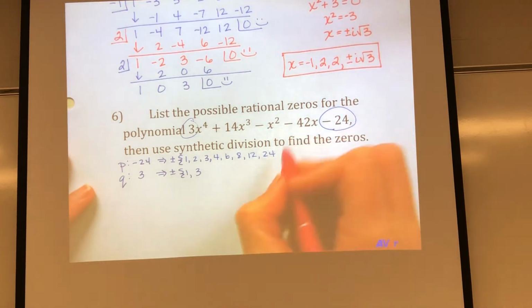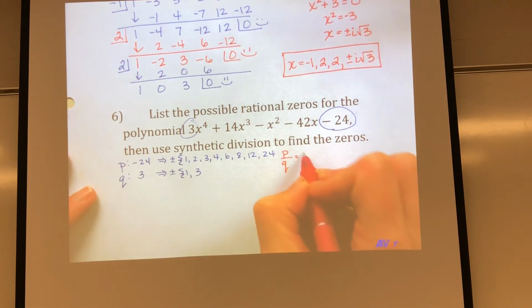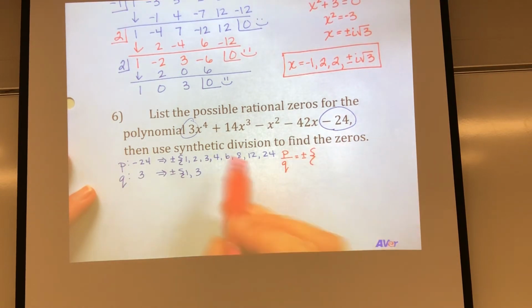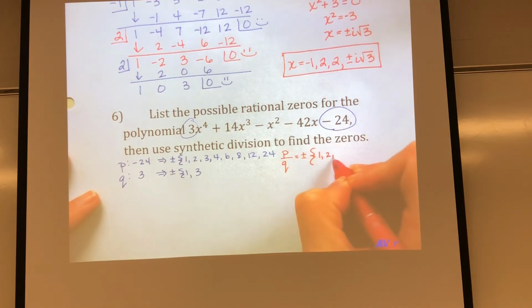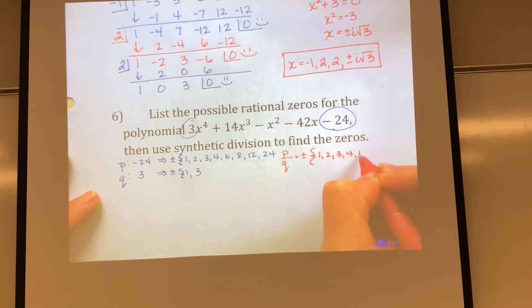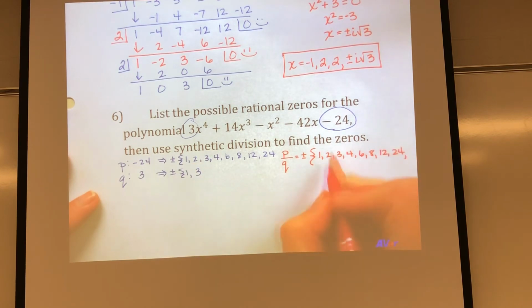So when we take our P divided by our Q, we're going to take all of those top numbers divided by 1. But then we're going to take all of those top numbers and divide them by 3 as well. All of these divided by 3. If we get a number that's already on our list, we're not going to repeat it. So 1/3 is not on our list, so we'll add that to our list.